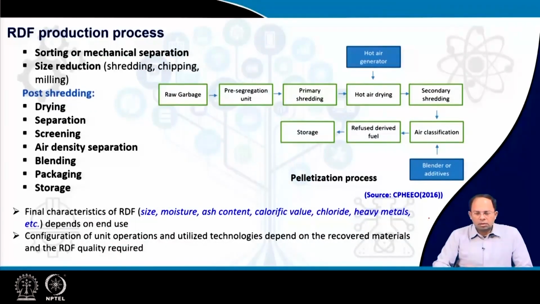Now, just to give you a brief idea about this process, these are technical processes, so we cannot discuss them in detail in this course, but we will take you through the basics.